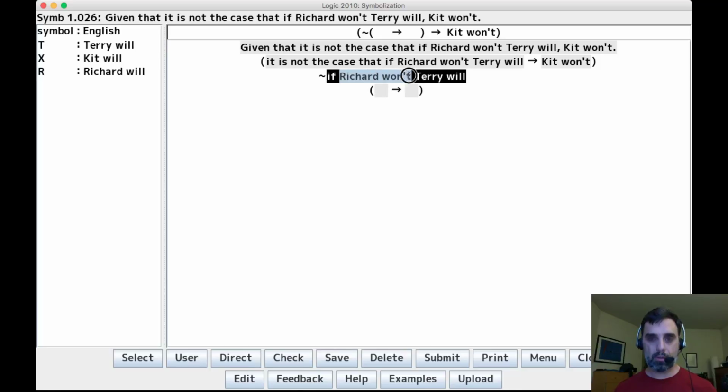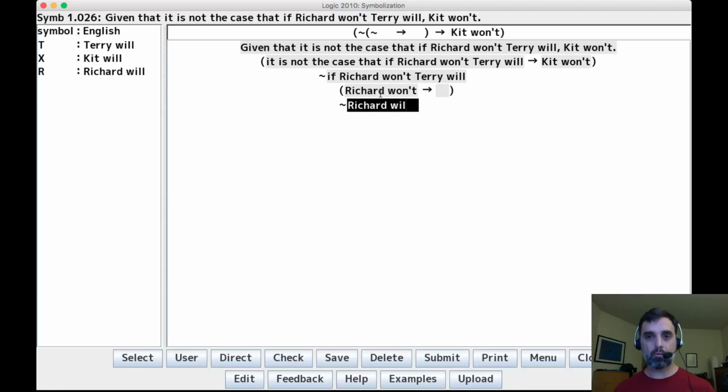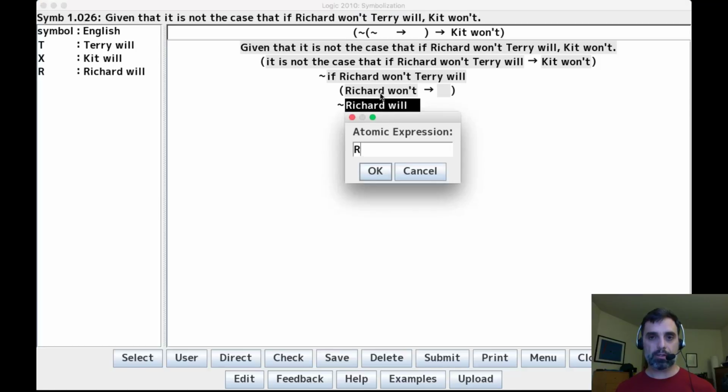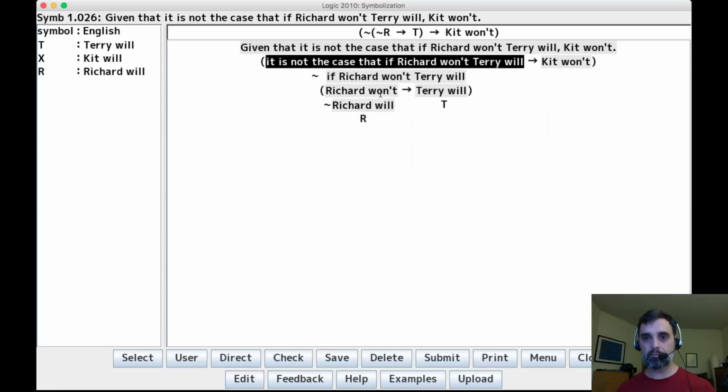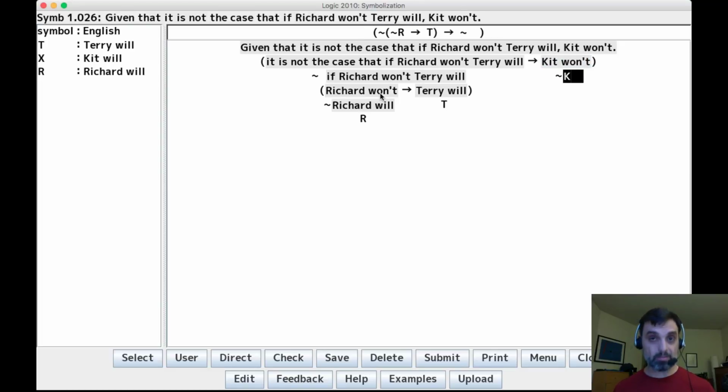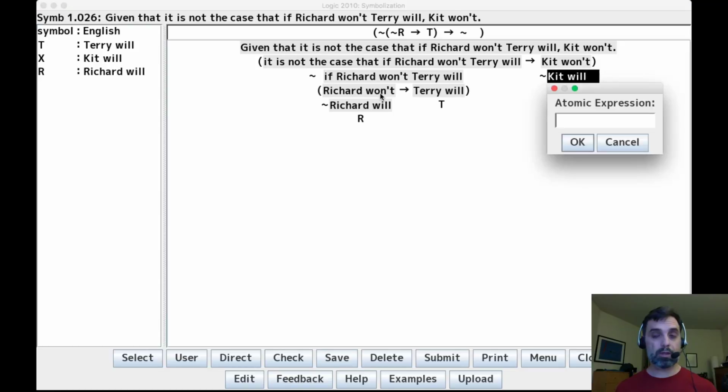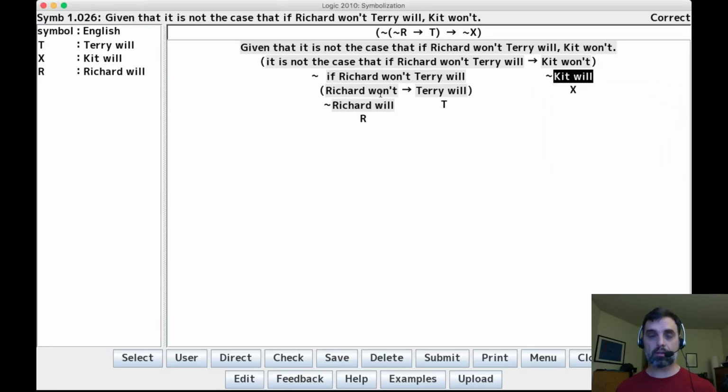Richard won't goes in the antecedent. That's a negation of Richard will. And Richard will is atomic. Terry will is atomic T. Kit won't is a negation of Kit will. And Kit will is atomic X. Let's check it. Yes. Okay, so there we go.